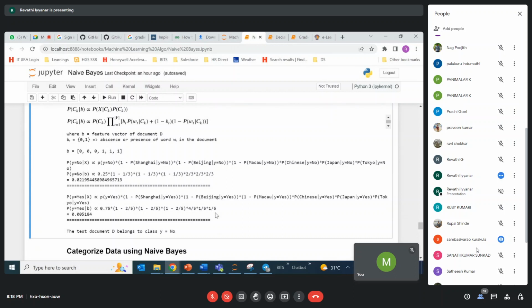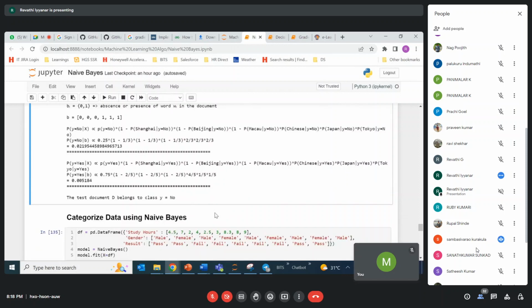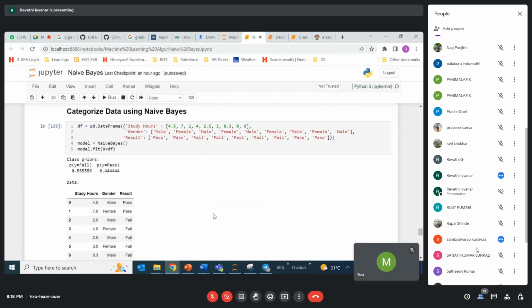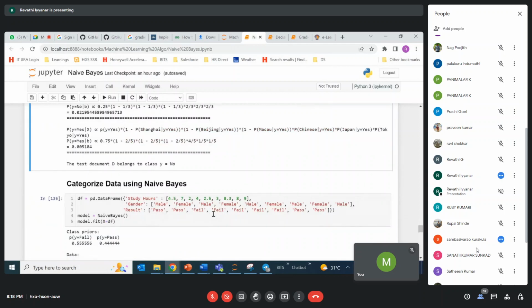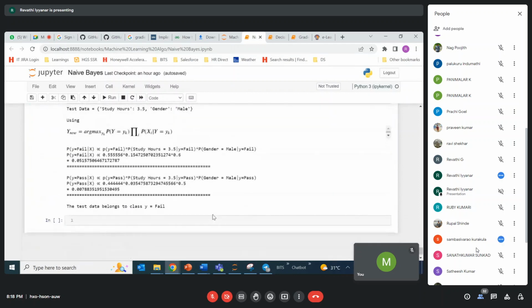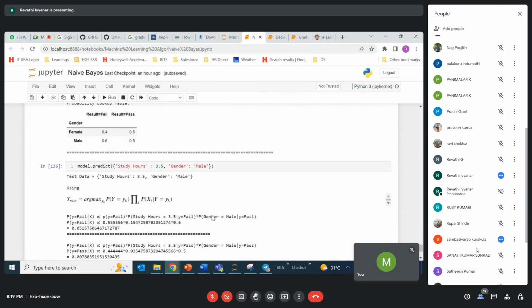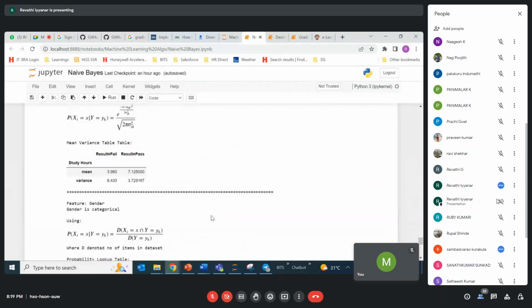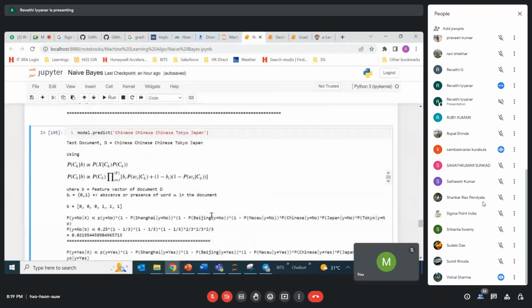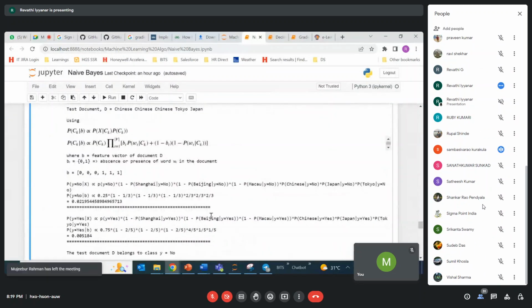If you go below, there is one more where we take the regular conditional probability. Here I think it is automatically taken care of. There are two things.